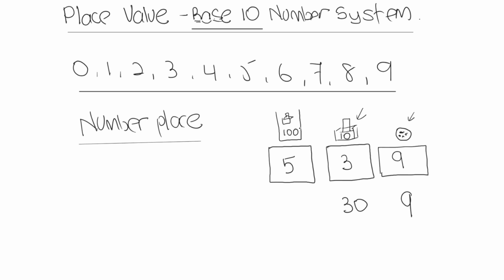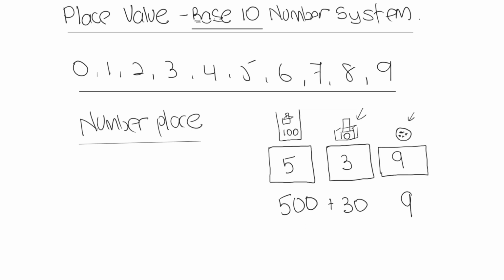Now here I have 5, and it represents 5 containers of 100 cookies, that is 10 baskets of 10 cookies. So if I have 5 containers of 100 cookies each, I have 500 cookies. So what is the total number of cookies that I have?